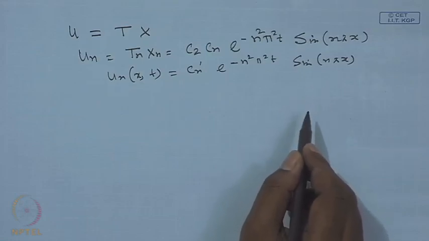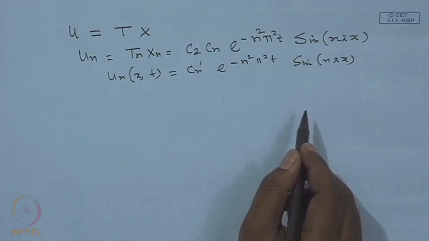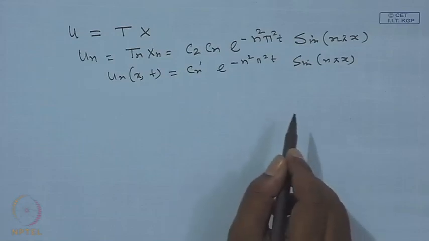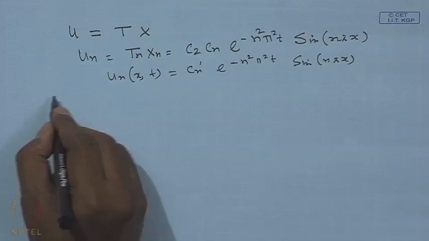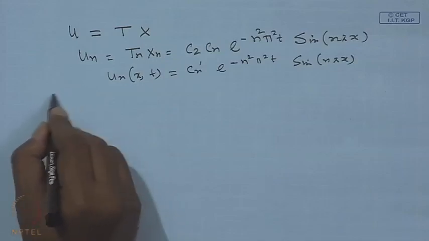Now, as you remember, eigenfunctions are orthogonal functions, and the complete solution will be constituted by the summation of all the eigenfunctions. So, I will get the overall solution by using the principle of linear superposition.